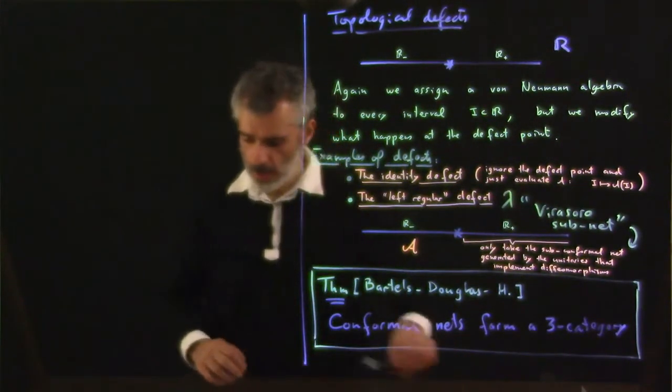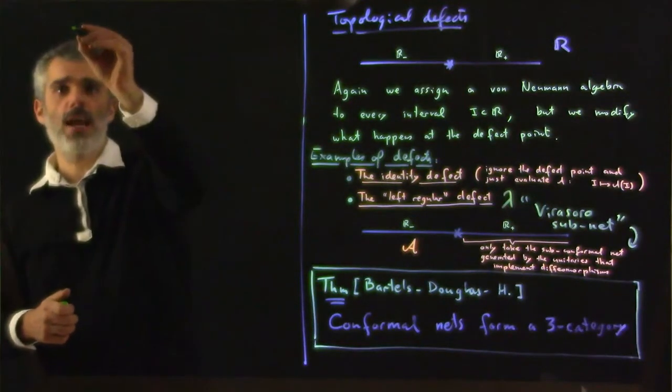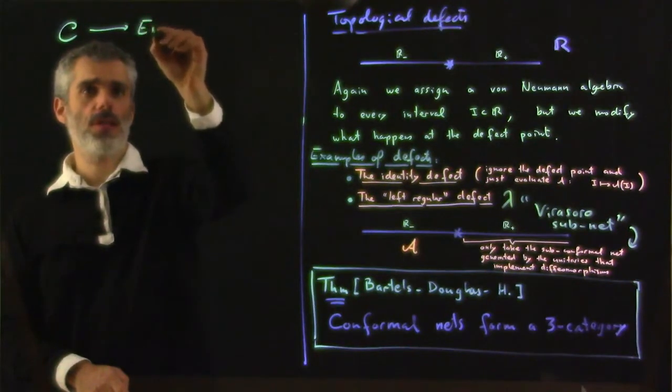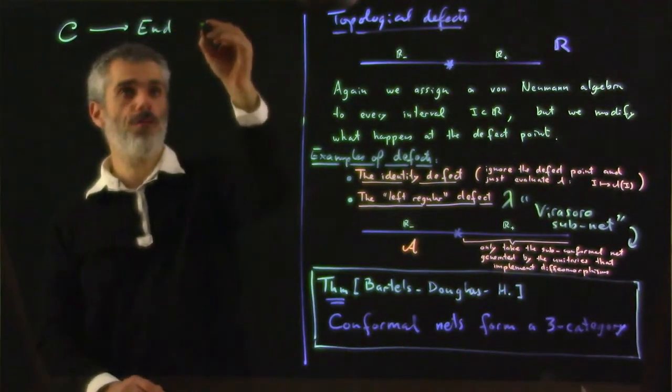So now let's say C is a fusion category, and we're looking at tensor functors from C into the endomorphism category of lambda.